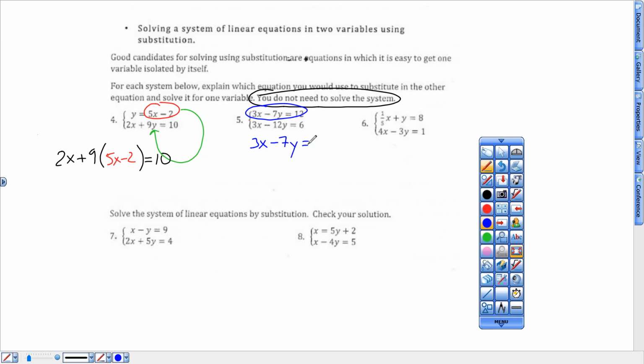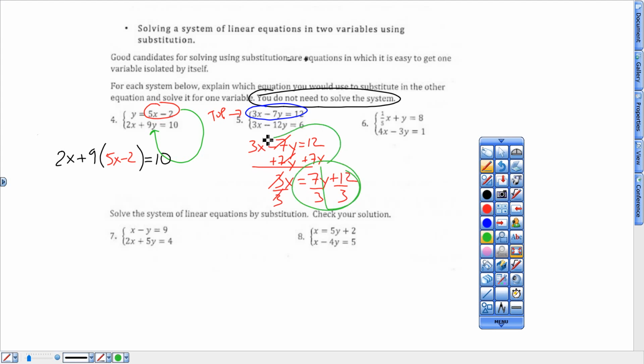I would say y is pretty complicated, so maybe solve this top one for x, because there's not going to be any negative numbers in it, even though you're going to have some yucky fractions. I would solve that one for x, and then plug that piece into the other equation's x. That one's kind of brutal.